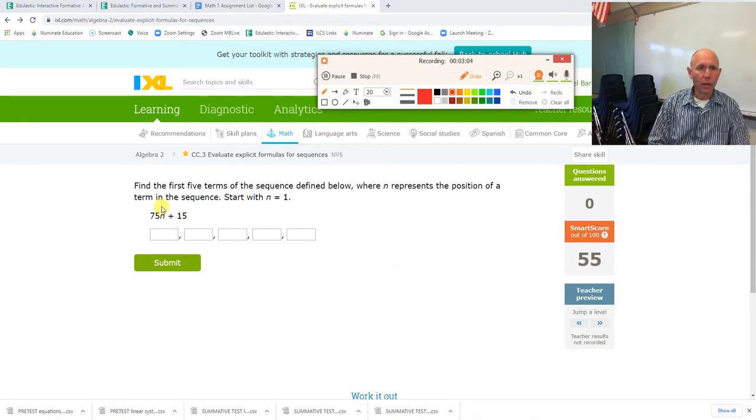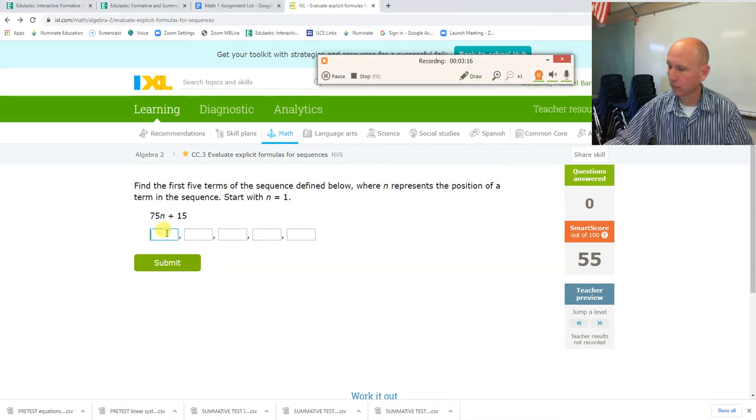So I plug in a 1, so 75 times 1 is 75 plus 15, so 75 plus 15 takes me to a 90. Two times 75 is 150, plus 15 is 165. 3 times 75 is 225, plus 15 is 240.